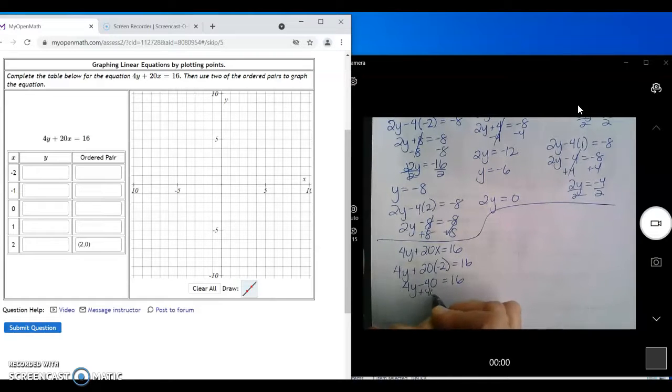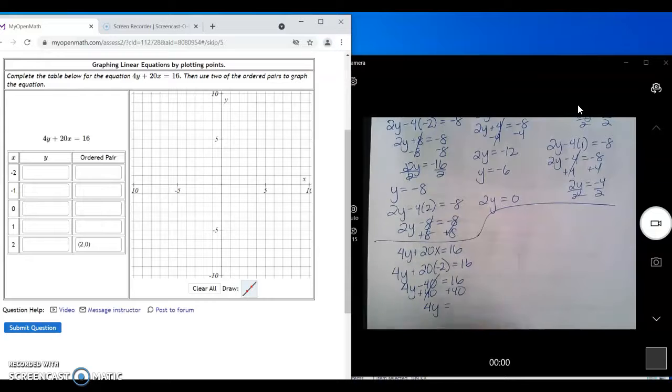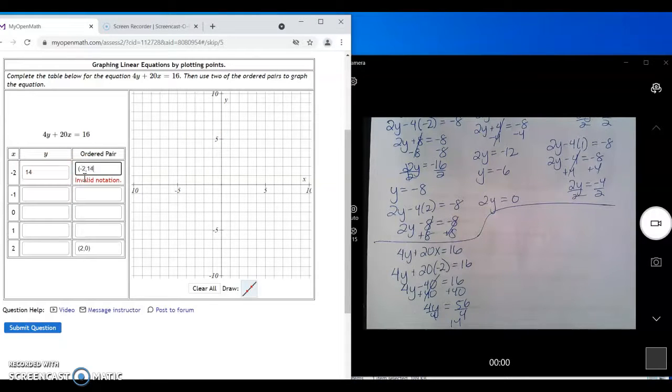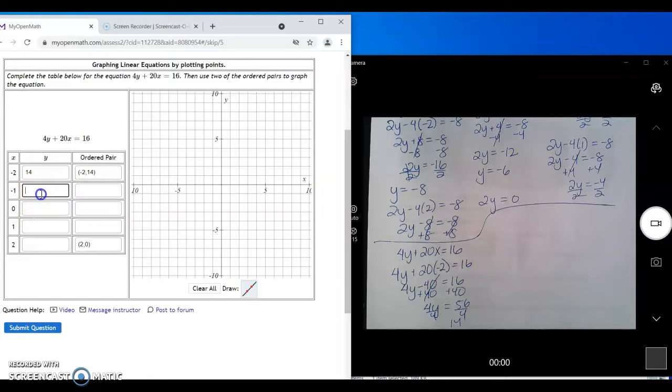Then add 40 to both, and you get 4y equals 16 plus 40, which is 56. Divide by 4, and you get 14. So y is 14, and the point is going to be (negative 2, 14).